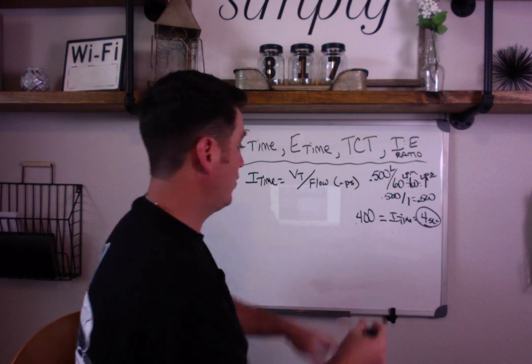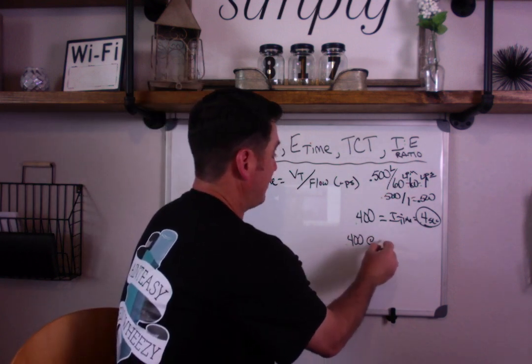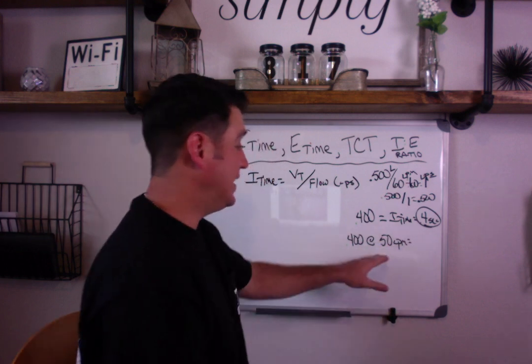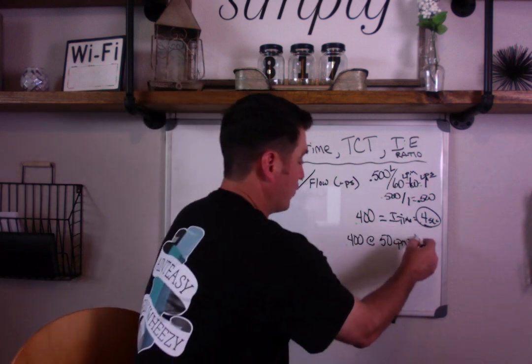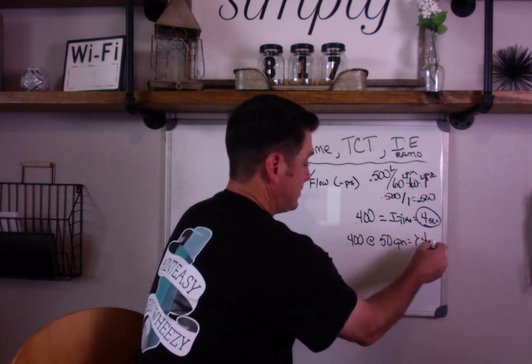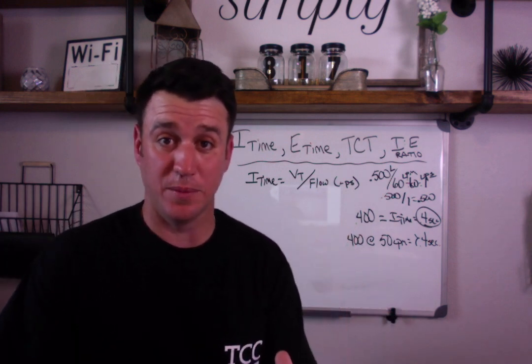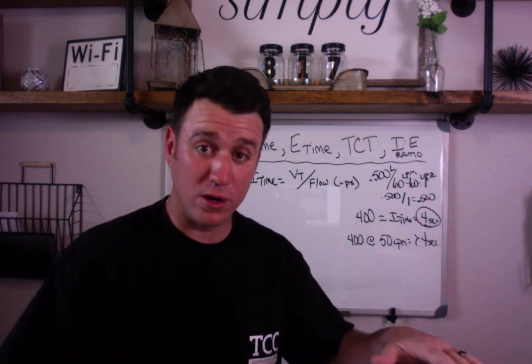So, for example, 0.400 at a flow of 50 liters per minute is going to be a little greater than 0.4 seconds. Does that make sense?